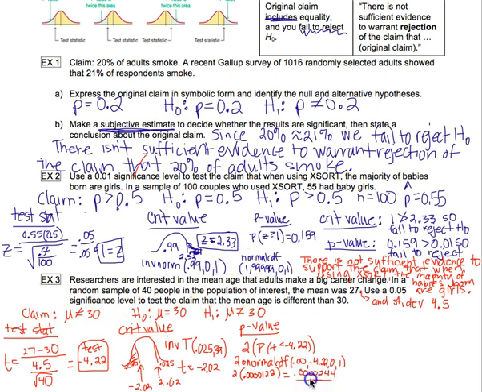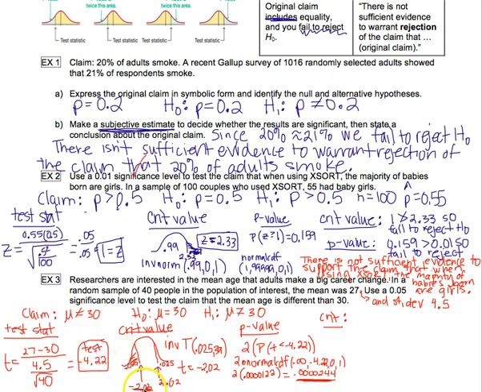So I've got my p-value, I've got my critical values, and I've got my test statistic. So now when I look using the critical value method, remember that I'm looking at whether the test statistic would fall in the rejection region. So meaning, is my test statistic in this shaded region down here?